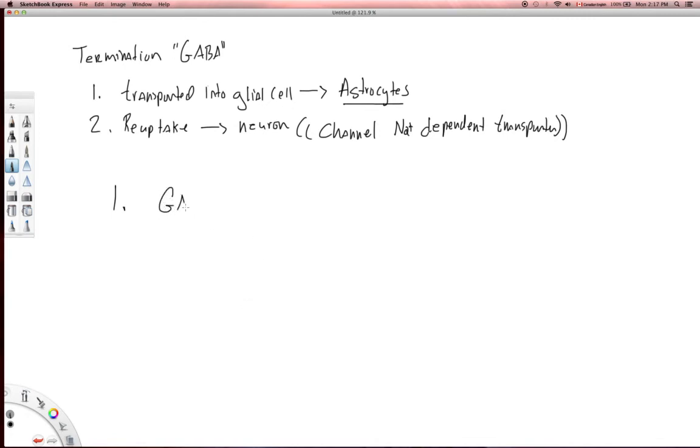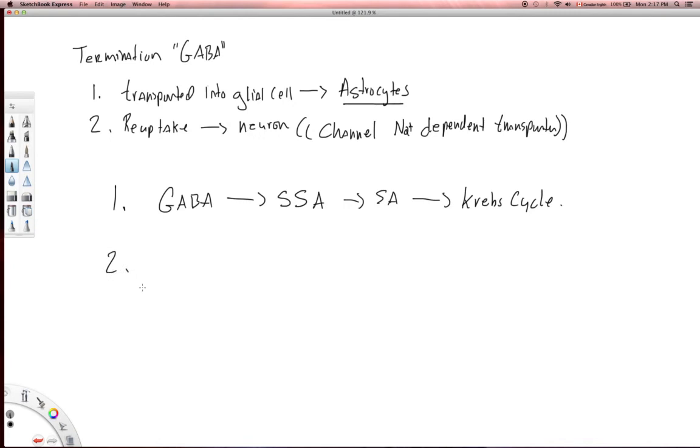As we talked about in the shunt earlier, it is metabolized into succinic semialdehyde, and then SSA is further metabolized into succinic acid, which we'll call SA, which can then be fed back into the Kreb cycle. So that's the fate of the GABA that goes into the astrocytes.